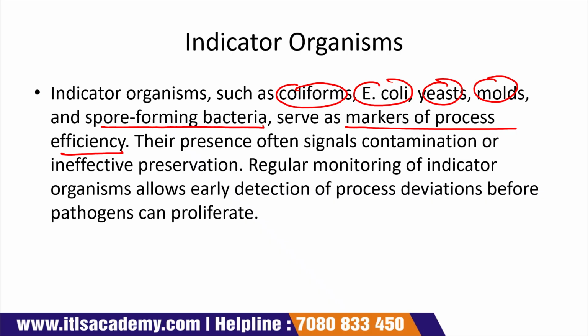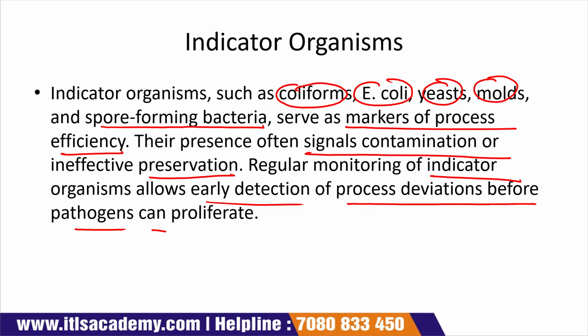They are often present as a signal of contamination or ineffective preservation. But when we regularly monitor these indicator microorganisms, they allow detection of process deviation before pathogens can proliferate, because we cannot tolerate a single coliform or E. coli in the food product or in the process.